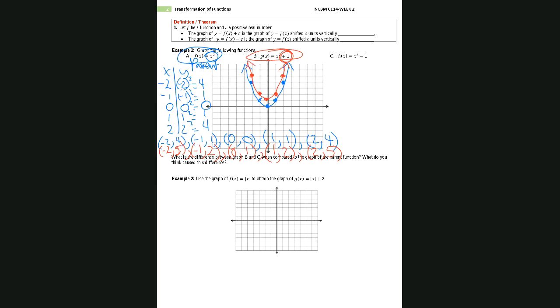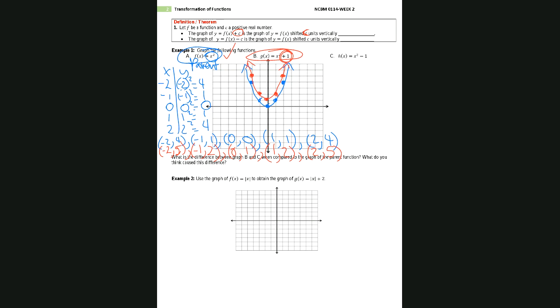And so what happened here, we had a vertical shift of 1 unit up. So to complete the statement here, fill in the blank, the graph of f of x plus c, in this case we were doing that +1, is the graph of f of x, the parent function, shifted c units, in our case it was 1 unit, vertically.